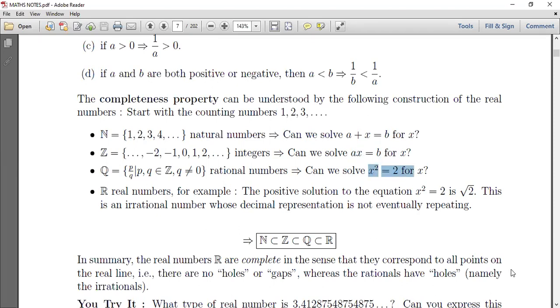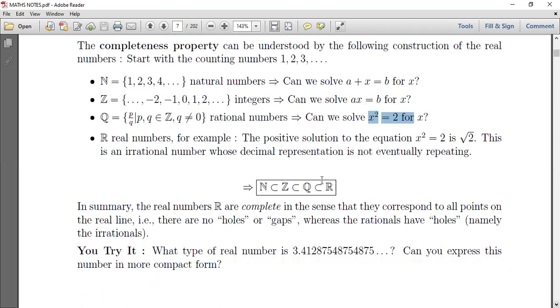Real numbers. You can see from what we've discussed that natural numbers are a subset of integers. Integers are a subset of rational numbers. Rational numbers are a subset of real numbers. So it means in real numbers, we find integers.